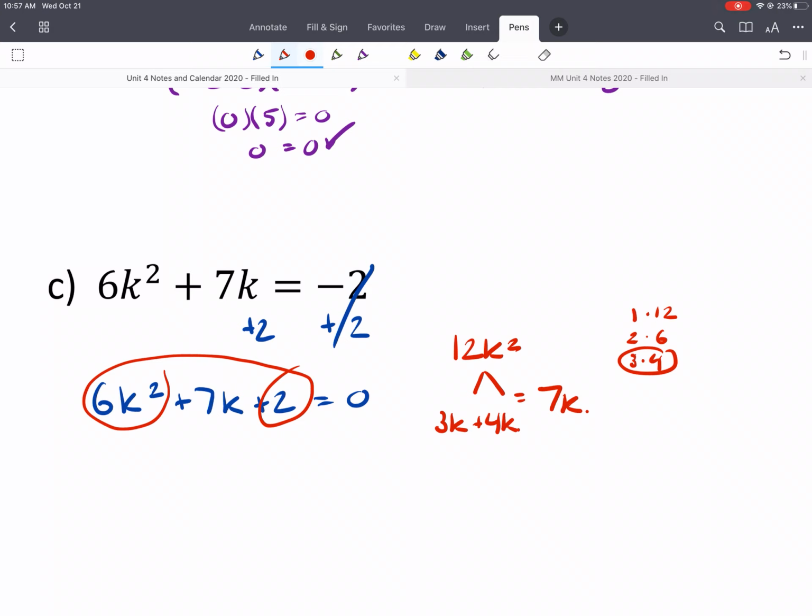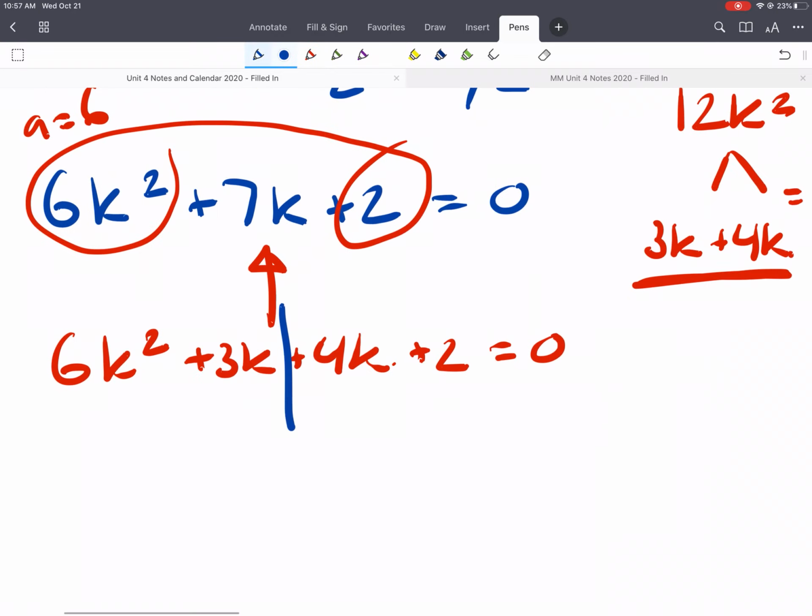Okay, can we use the shortcut? No, because a is 6. So we'd need to use grouping. So we'll substitute that in for the middle term. So 3k plus 4k, which gives us 7k plus 2. We'll do grouping. So it looks like we can factor out 3k, and that leaves us with 2k plus 1.